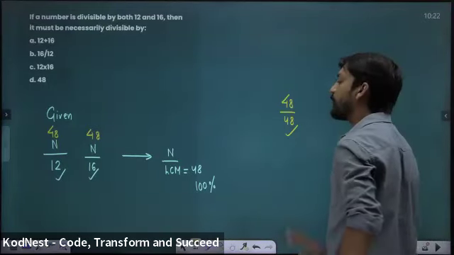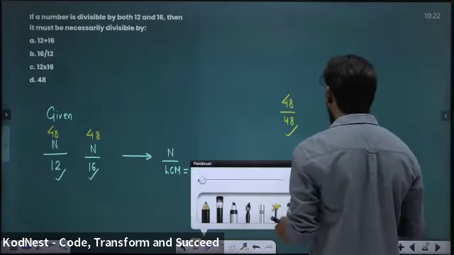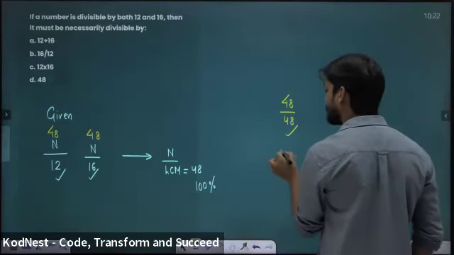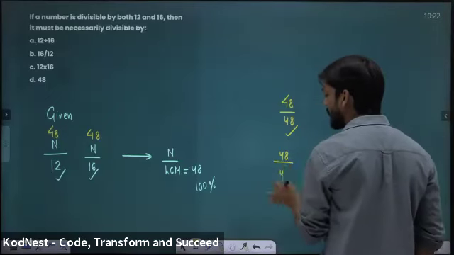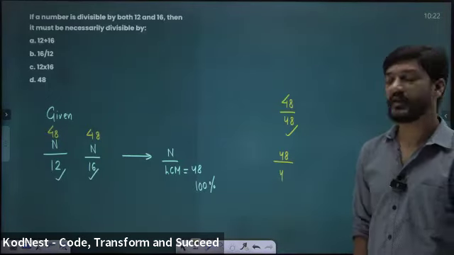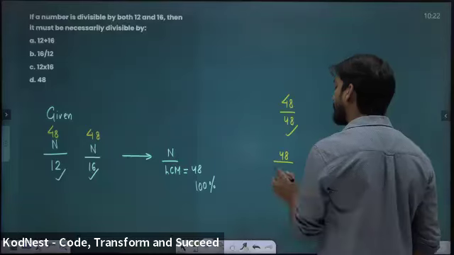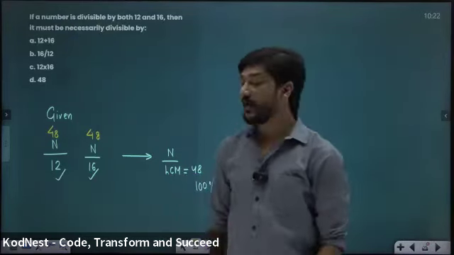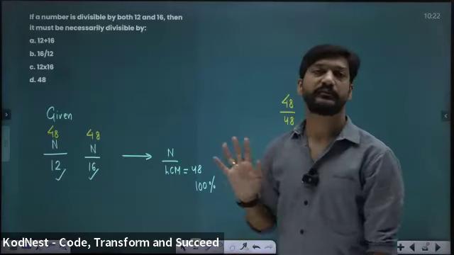All right. Now don't say, sir, LCM of 48, sir, so number is divisible by 4 also. Sir, why you are not giving guarantee for 4? My dear, we are looking for the greatest number for which we can give guarantee. The greatest is this.